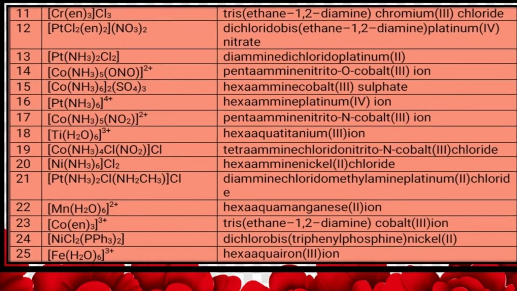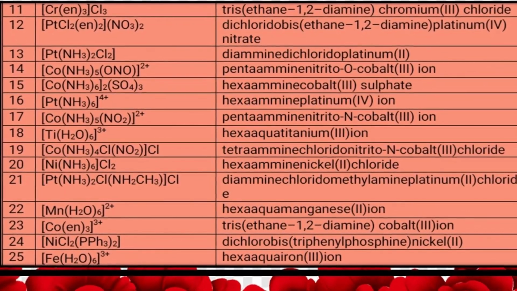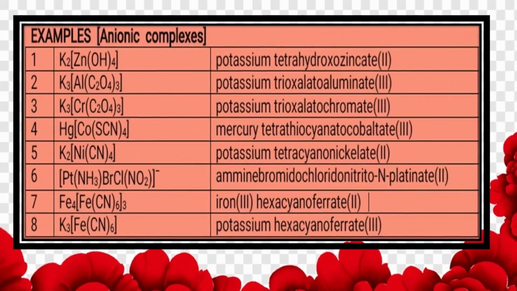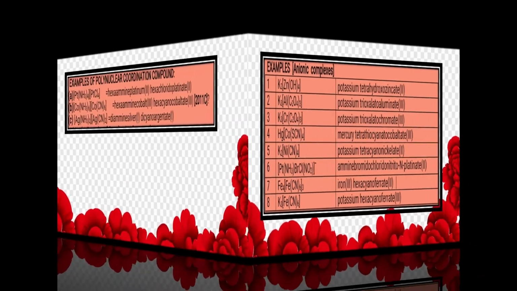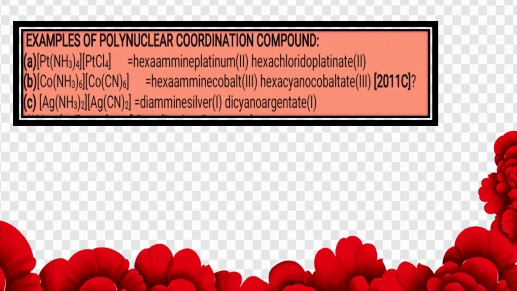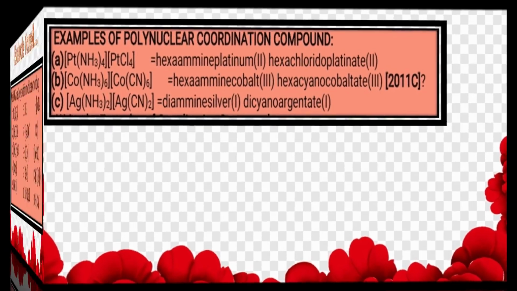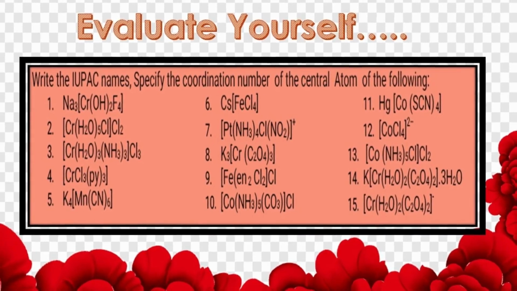Have a clear understanding and try to solve these questions by yourself, and check the answers accordingly. I have given the anionic complexes, cationic complexes and neutral complexes separately. Please go through them and check yourself. Now evaluate whether you are able to name these compounds according to the IUPAC nomenclature.